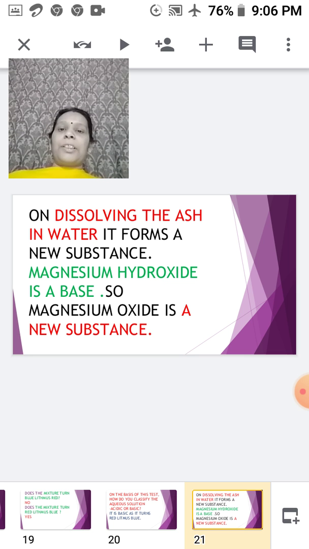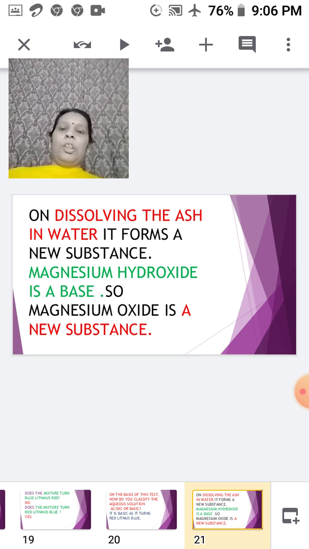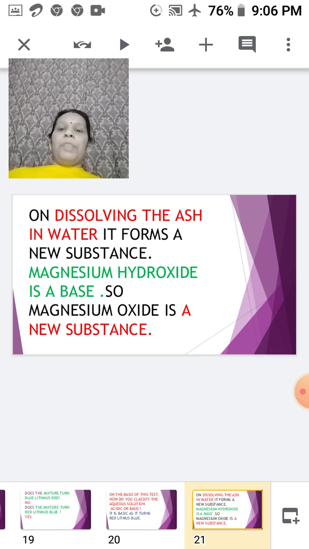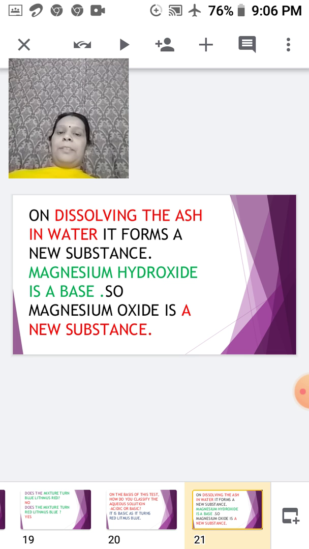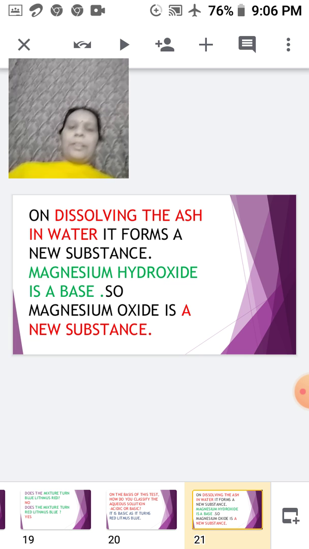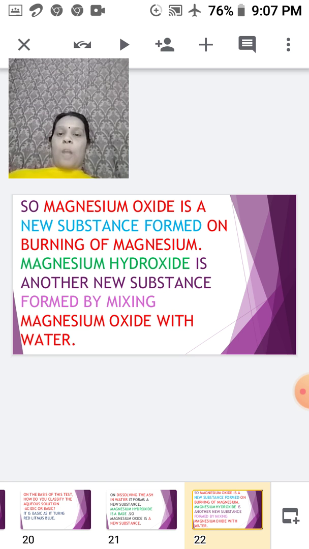Because what was the ash? Ash was magnesium oxide, and it got mixed with water. So now what substance did we get? We got magnesium hydroxide, which is a base. And magnesium oxide, again, is a new substance. So how are we getting new substances? Magnesium oxide is a new substance which is formed on burning of magnesium.